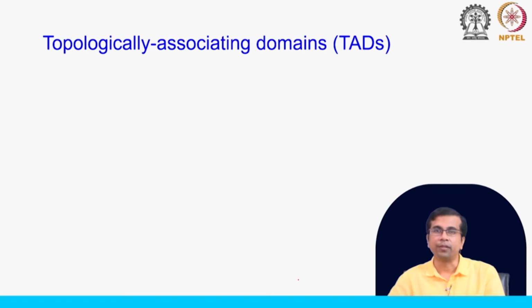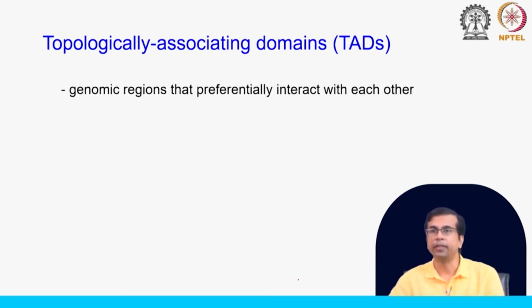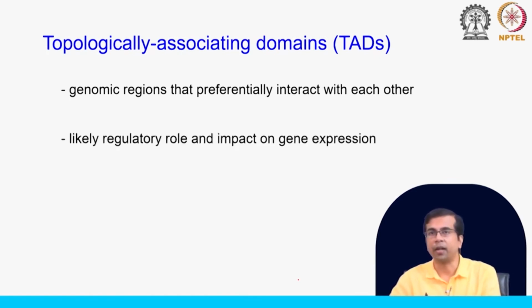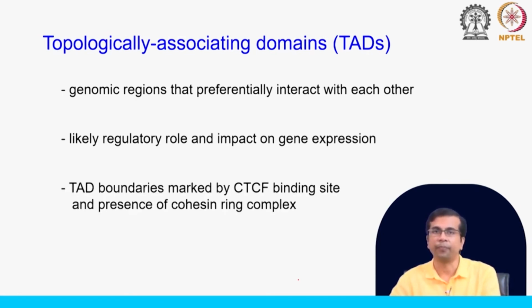The next term is topologically associating domains or TADs. These are regions in the genome that preferentially interact with each other. If you look at the three-dimensional structure, you will see these regions have a lot of interactions within themselves, and much less interaction with other regions. These regions are called TADs and they might have a regulatory role which can impact the gene expression pattern.